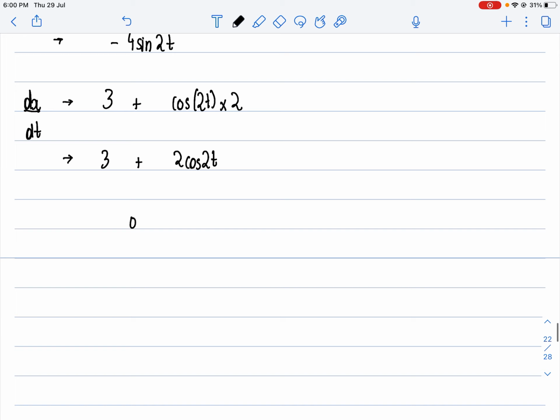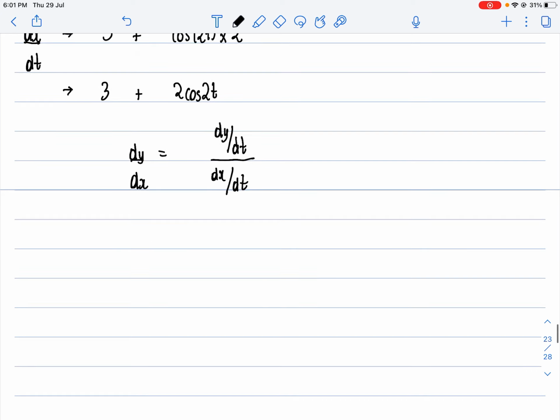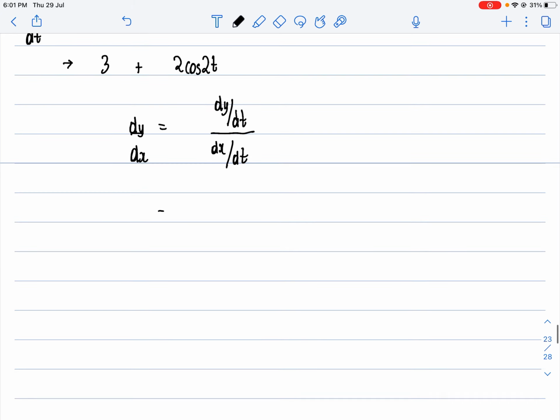Now I can write my dy by dx as dy by dt divided by dx by dt. I'll write this as division so that you're 100% sure.